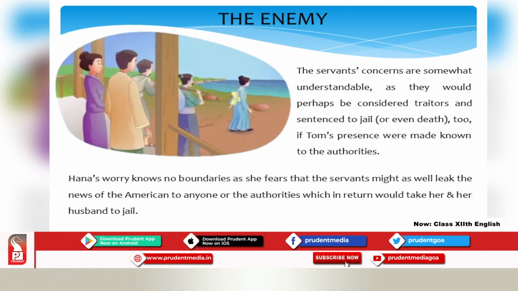Hannah's worries know no boundaries, as she fears that the servants might leak the news of the American to anyone or the authorities, which in turn would take her and her husband to jail. Now, there is a trust issue that Hannah has here.